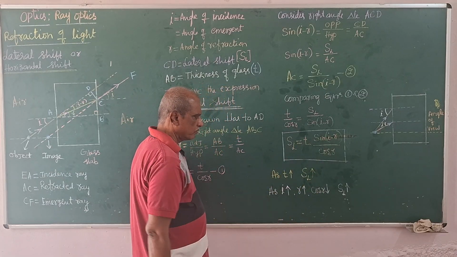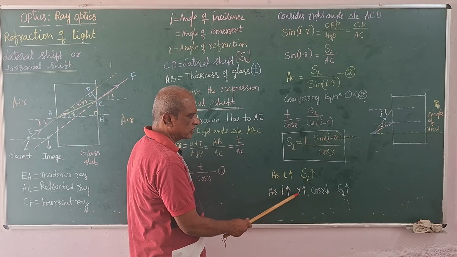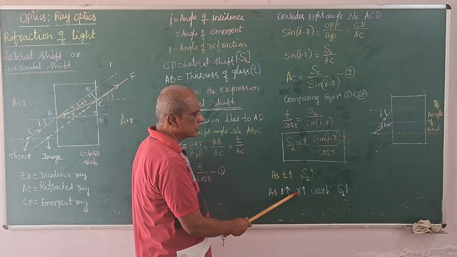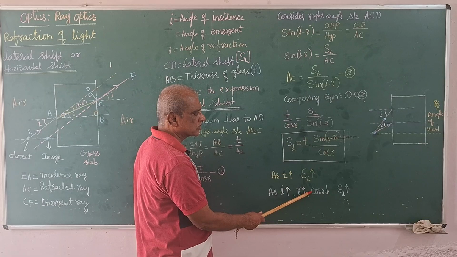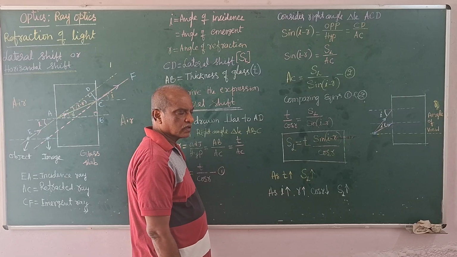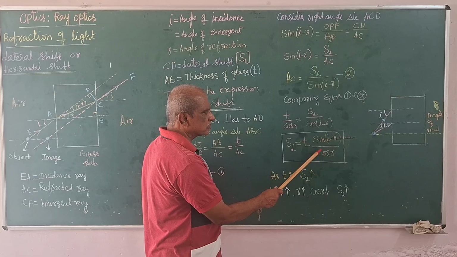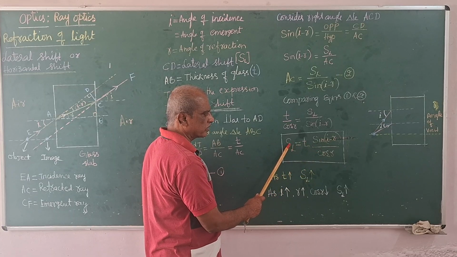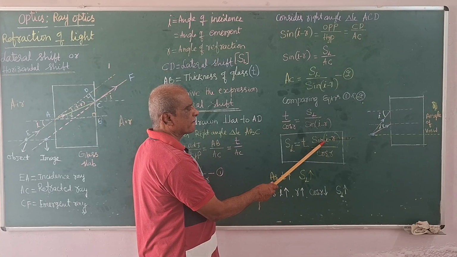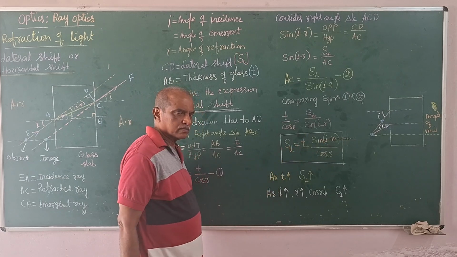Since cos is in the denominator, as the value in the denominator decreases, this value increases. This is the numerator, so SL increases. This way, as i increases, SL increases. As i decreases, SL decreases.